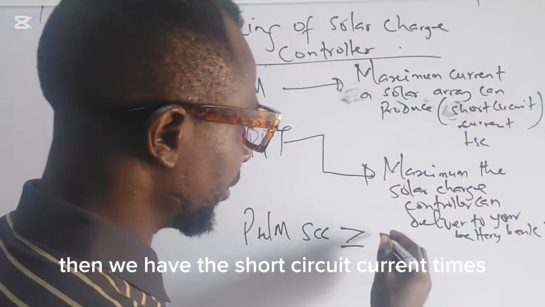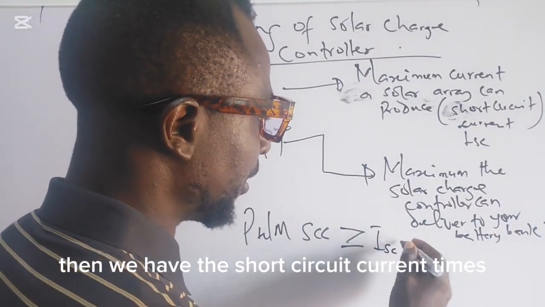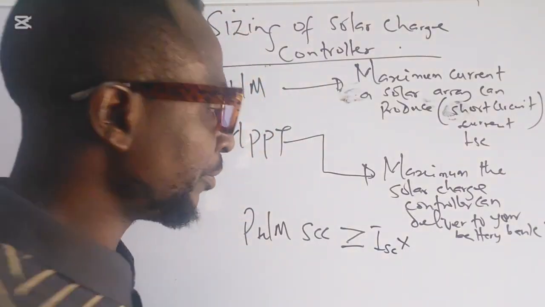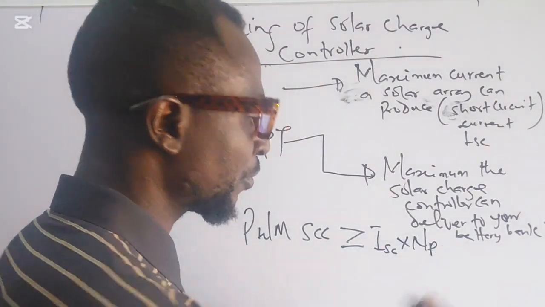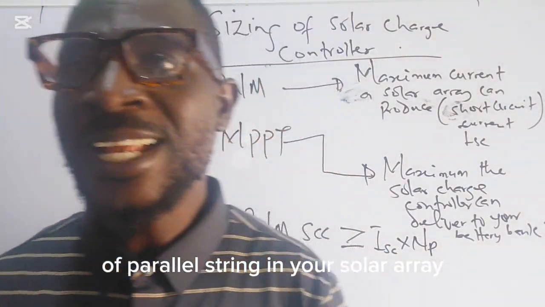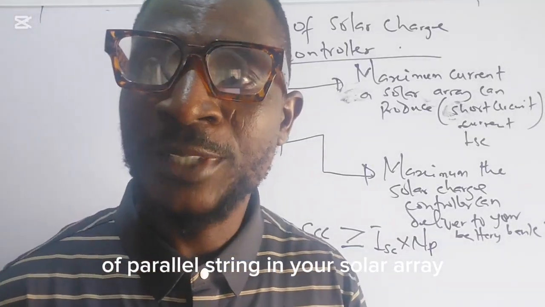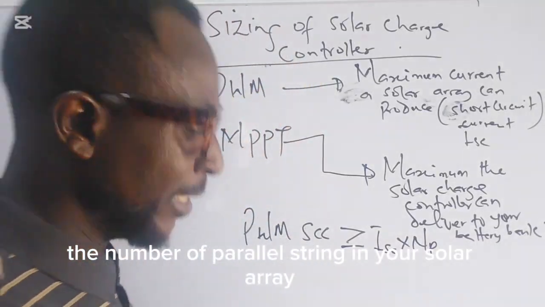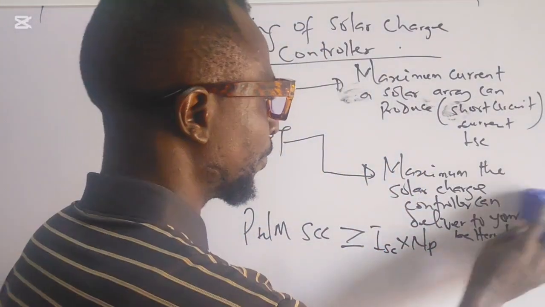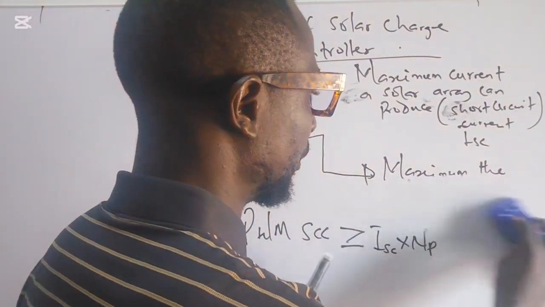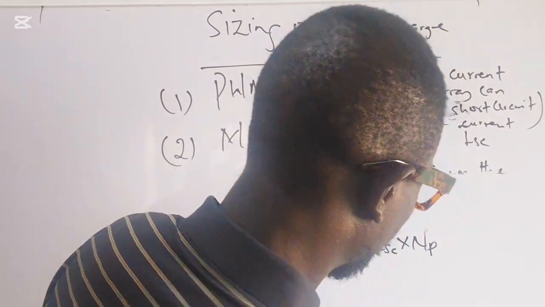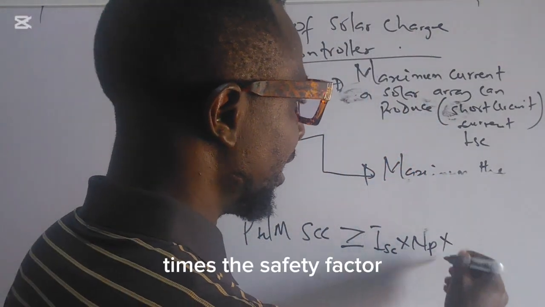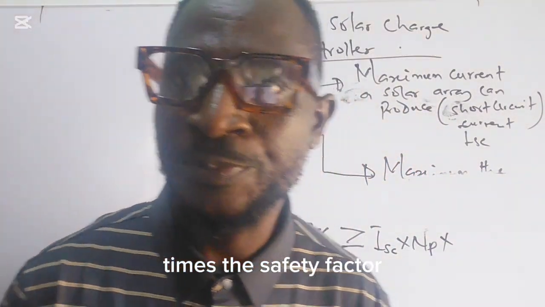Then we have the short circuit current times the number of parallel strings in your solar array, that times the safety factor.